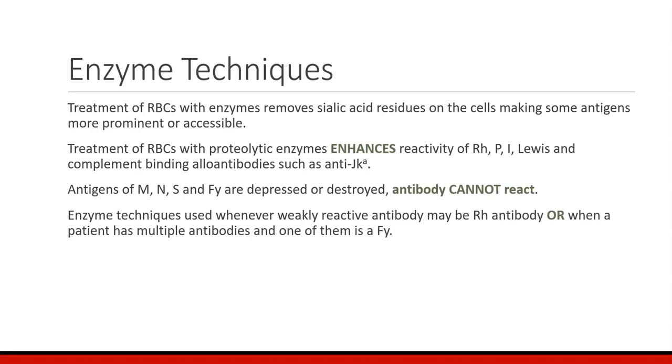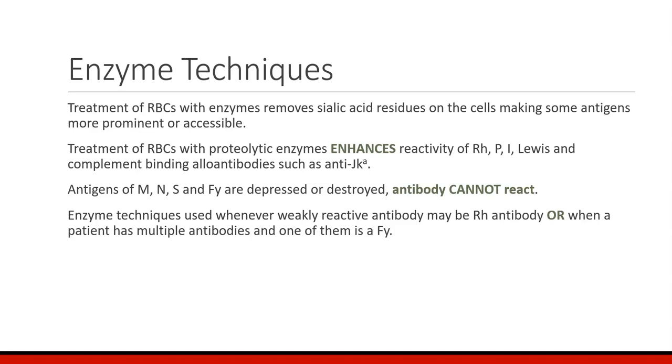On the flip side, antigens of the MNS and Duffy are either depressed or destroyed. The antibody cannot react. For example, let's say you have multiple antibodies and one of them is a Duffy. The Duffy in a regular panel may be 4+. On a ficin panel, it may be 1+. So sometimes if the strength of the reaction is very, very strong, the antibody can still react.